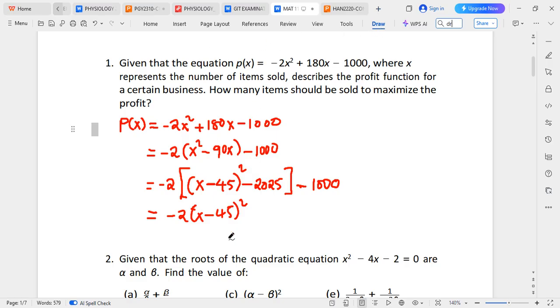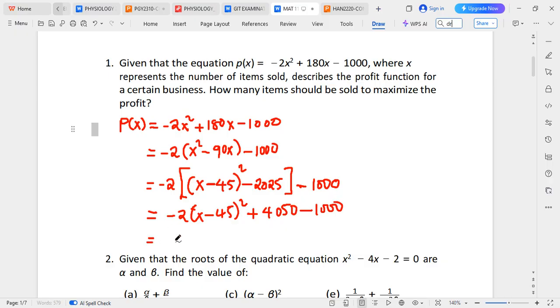So after doing this now, remember I'm distributing this negative 2. So I got negative 2 and multiplied with x minus 45 squared, and then I'll get negative 2 and multiply by 2025, and that is going to give me, because I'm multiplying negative 2 and negative 2025, positive 4050, and then I've got a negative 1000 at the end.